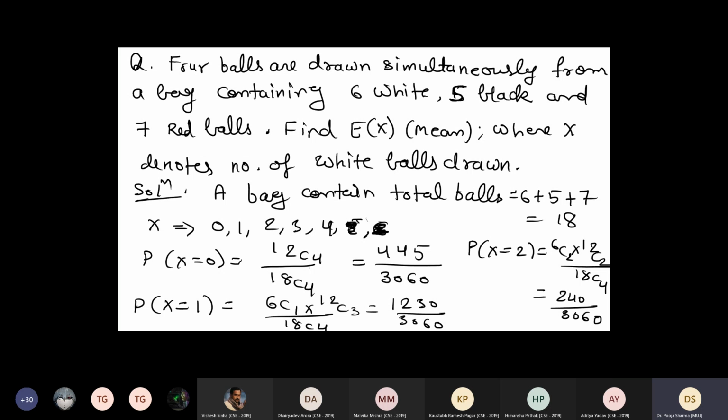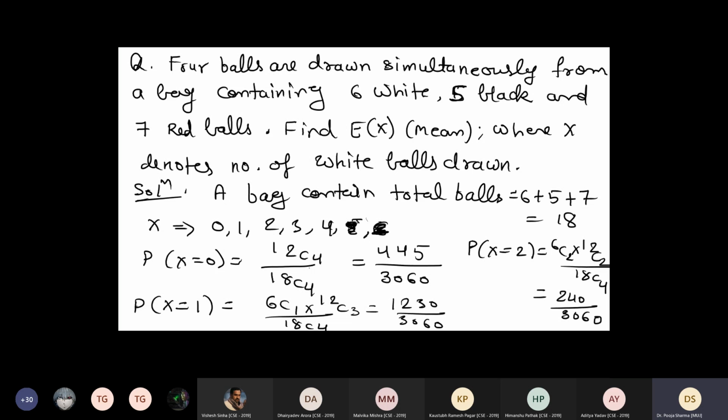Similarly, when we go for one white ball, the total number of cases remains the same, 18C4, but in the numerator this time we consider one white ball. So that's 6C1 into 12C3. Now the number of other balls keeps decreasing by one and the number of white balls keeps increasing.